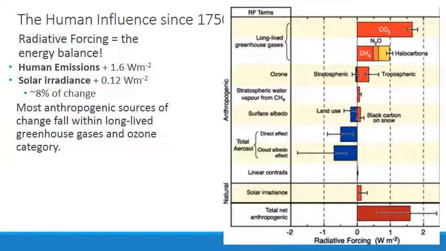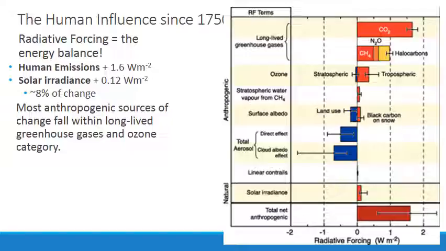Since 1750, humans appear to have caused an annual surplus of about 1.6 watts per square meter in the Earth's heat budget. Variations in sunlight intensity from sunspots and things like that only really account for 0.12 watts per square meter of the extra surplus.